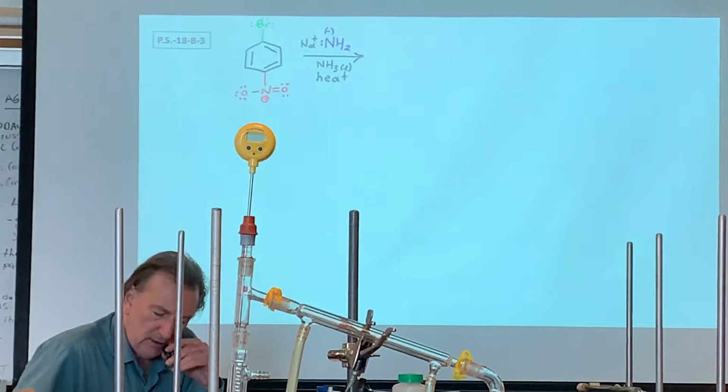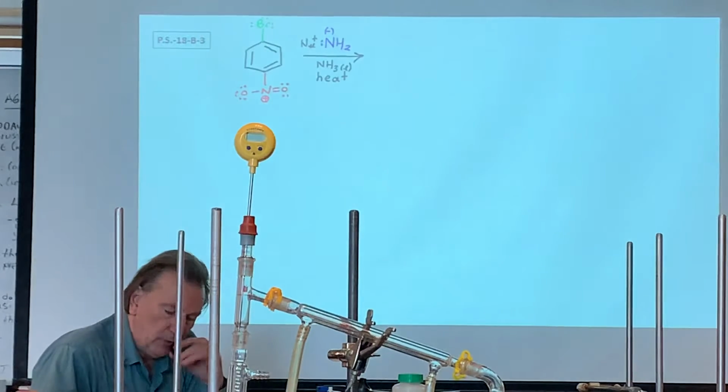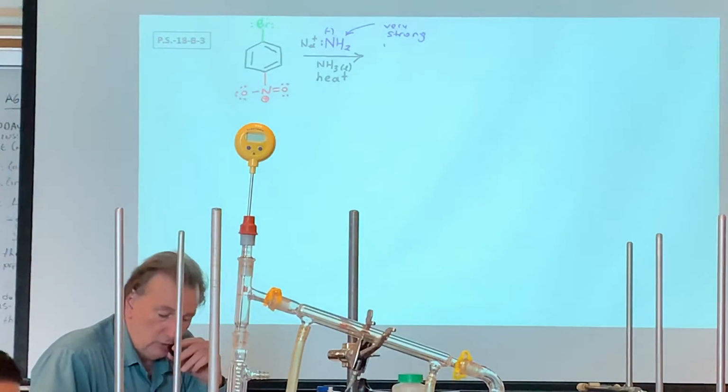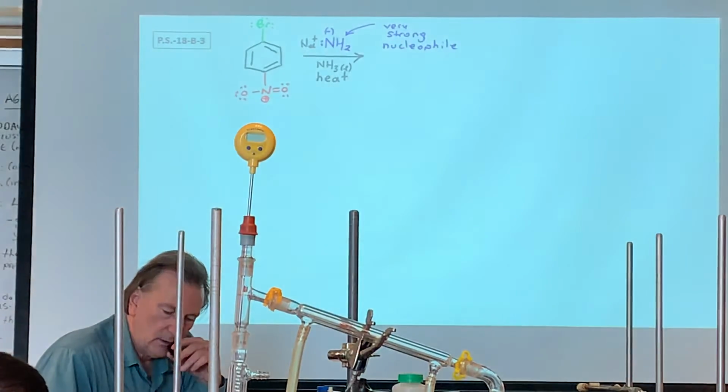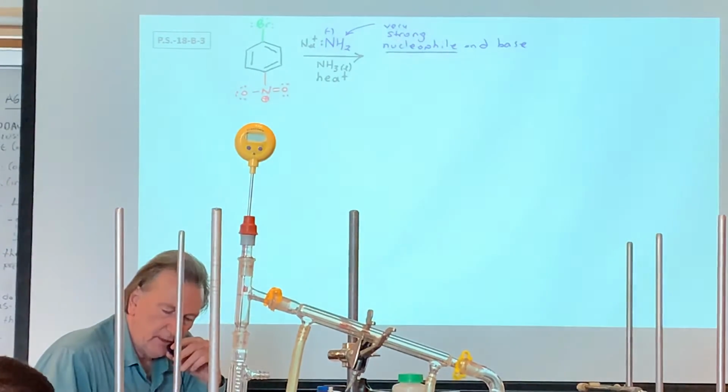Now, before we answer questions about the green and the red and the benzene, let's answer questions about this. This is what? A very strong base. Base, nucleophile and base. And base, yes, but it is a nucleophile.